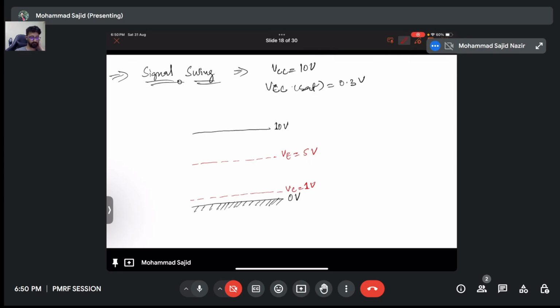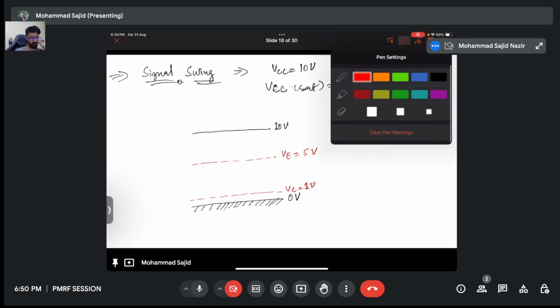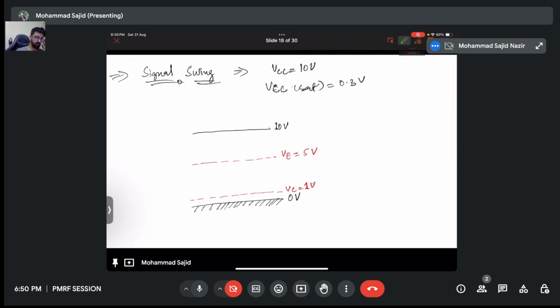Now, VE can change with the input sinusoidal signal.